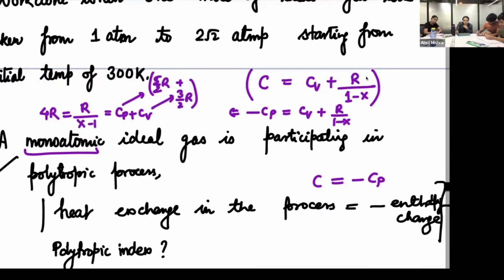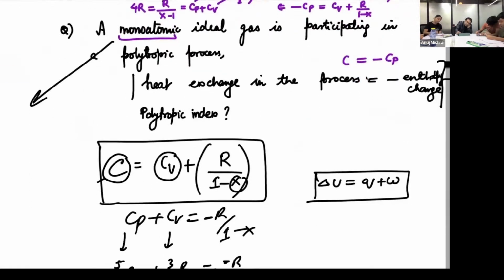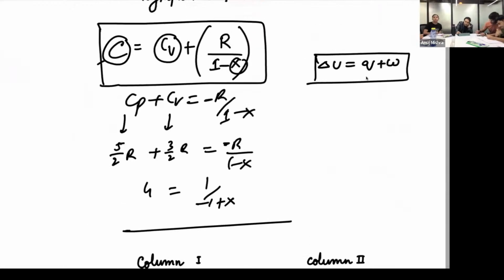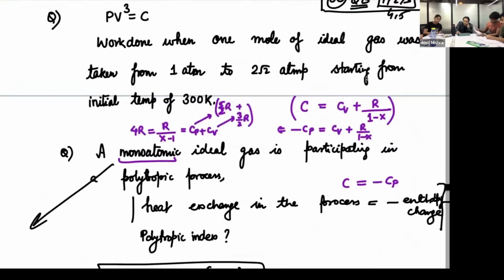So delta Q equals minus delta H and C equals minus Cp. So is n equal to 0? No, 0 is not coming. Since Cv is equal to 3R by 2.